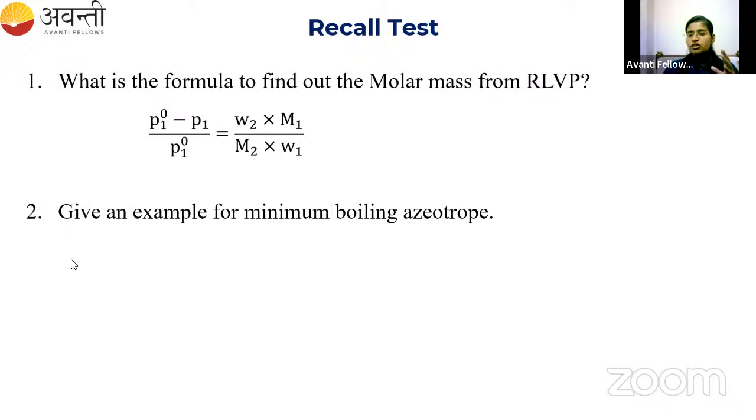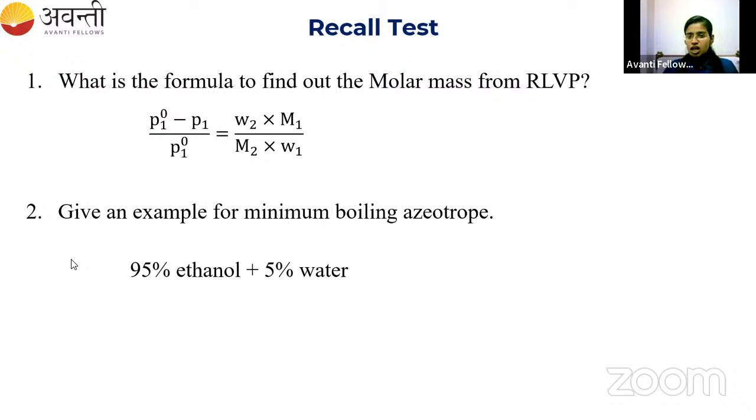Yes, it is 95 percent ethanol and 5 percent water. This is an example of a minimum boiling azeotrope, which shows positive deviation.